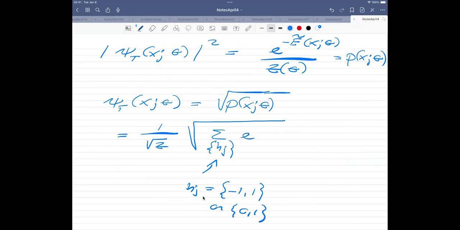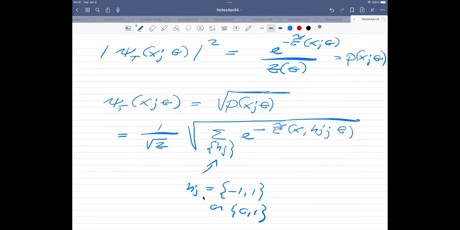And then we have e to the minus of this model E of x, h_j, as a function of theta. So that is going to be the trial wave function which we will be using. Alternatively, you could just put the wave function equal to the probability. But it's pretty common to actually use the choice which we have set up here.